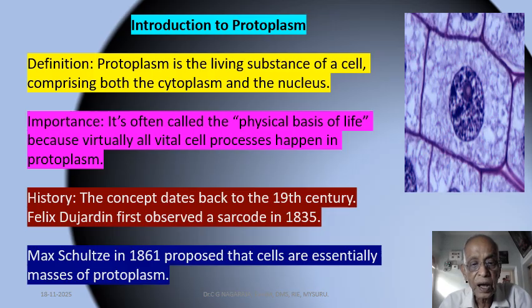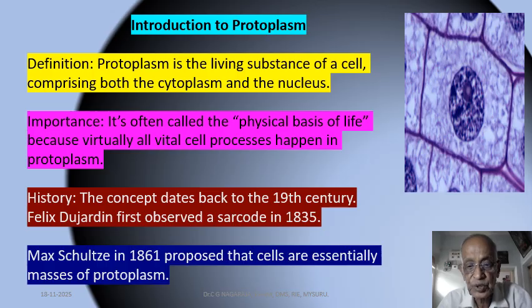It is often called the physical basis of life because virtually all vital cell processes happen in protoplasm. It's called the physical basis. That means life can be explained philosophically, spiritually, and in different ways.